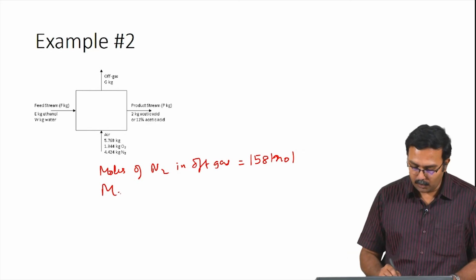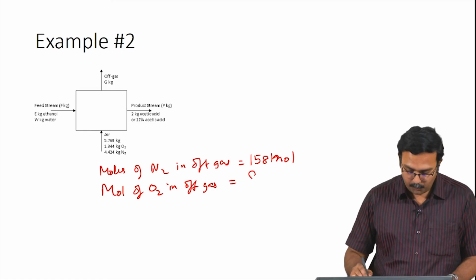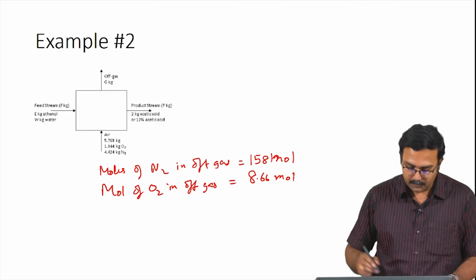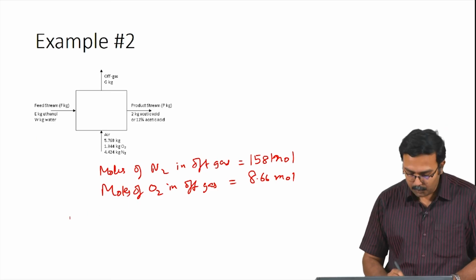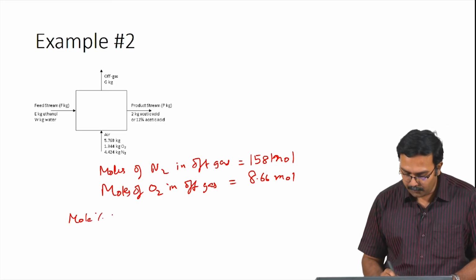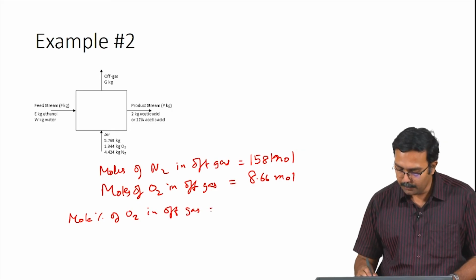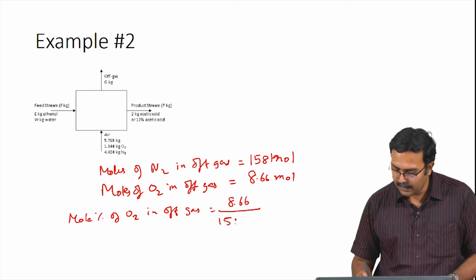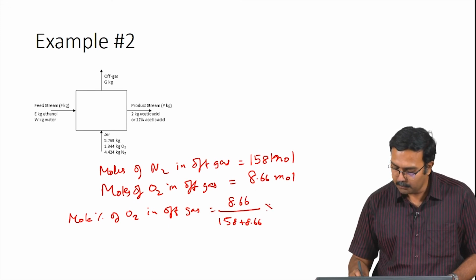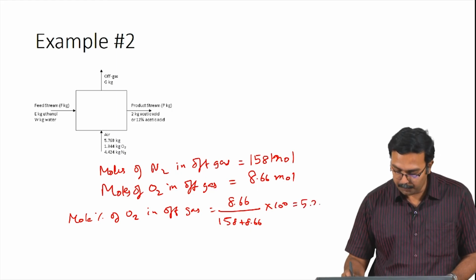and moles of oxygen in the off gas is equal to 8.66 moles. You can perform these conversions to confirm these numbers. So, mole percentage of oxygen in off gas would be equal to 8.66 divided by 158 plus 8.66 times 100, giving you a value of 5.2%.